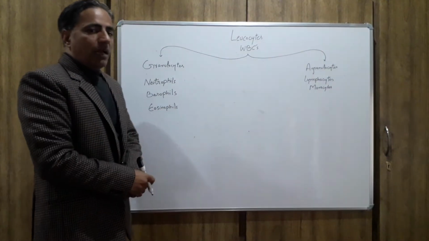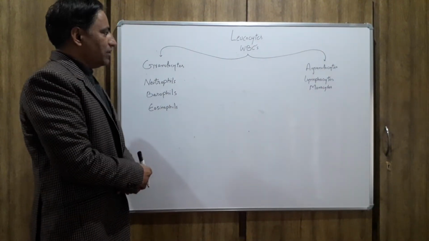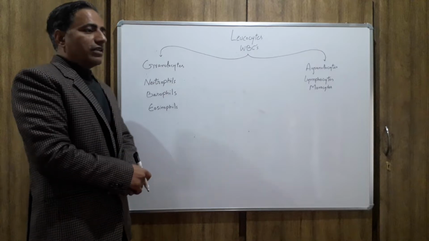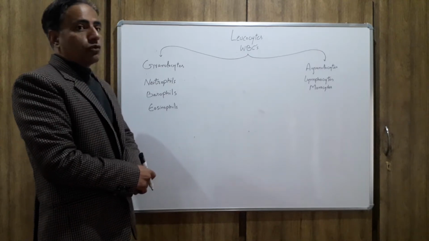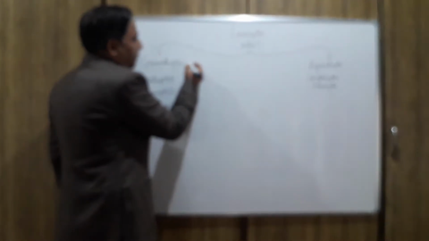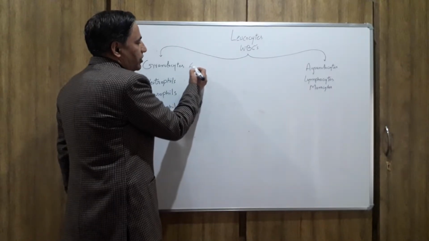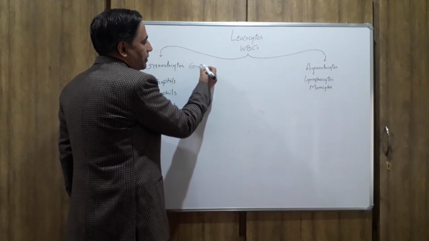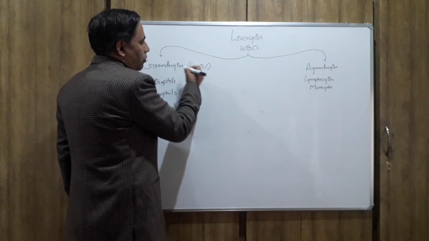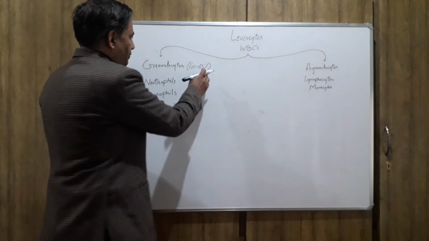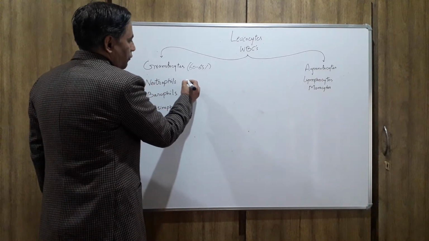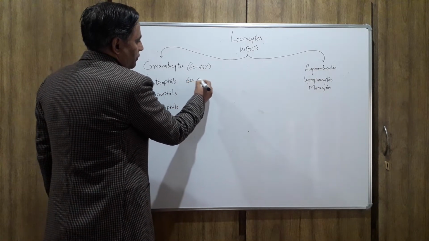Neutrophils are the most abundant cells present within the granulocyte portion of the leukocytes. They comprise almost 60 to 65% of the total count of the leukocytes.